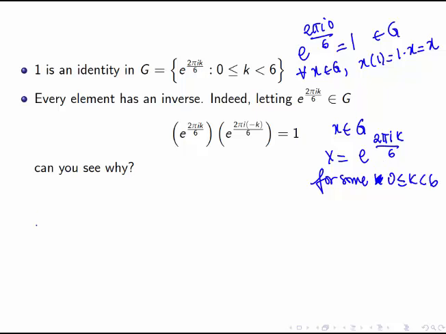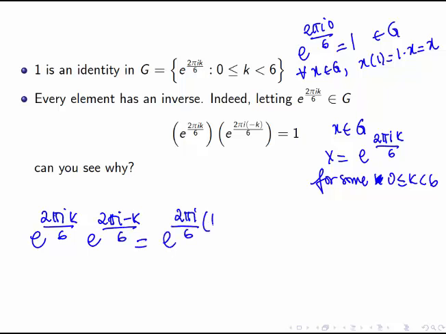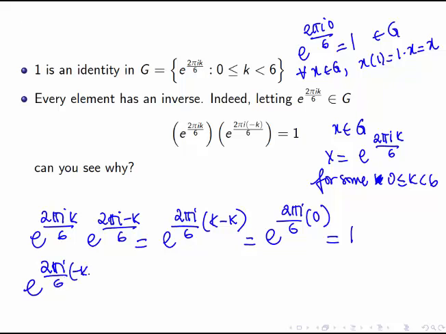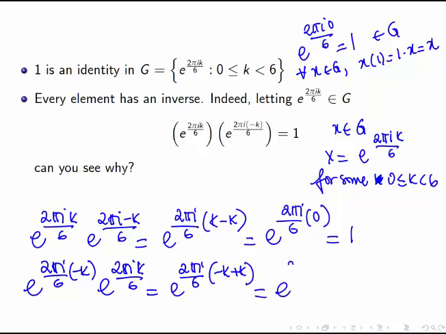And notice that if you take e^(2πik/6) times e^(2πi(-k)/6), this will give you e^(2πi/6 · (k-k)), but k minus k is 0, so this will be e^(2πi/6 · 0), which is 1. And similarly, if you have e^(2πi(-k)/6) times e^(2πik/6), this will be e^(2πi/6 · (-k+k)), which is e^(2πi/6 · 0), and that's 1.